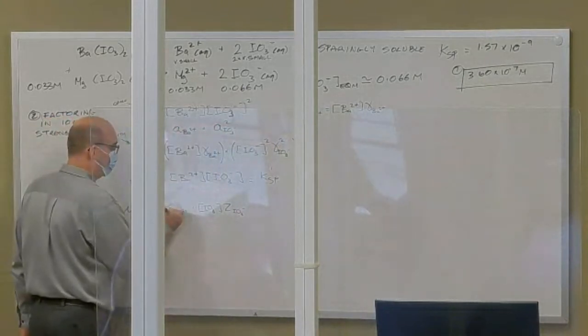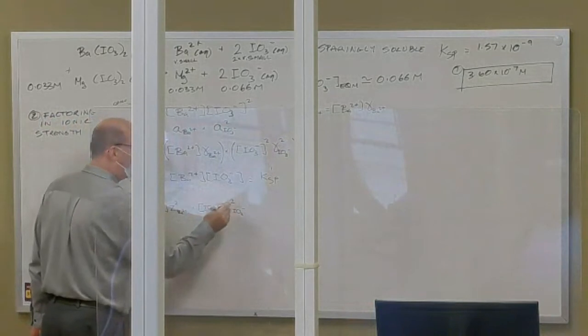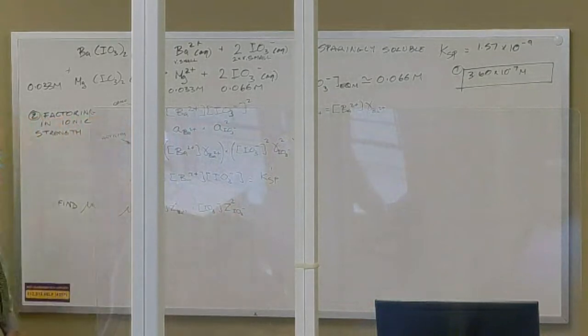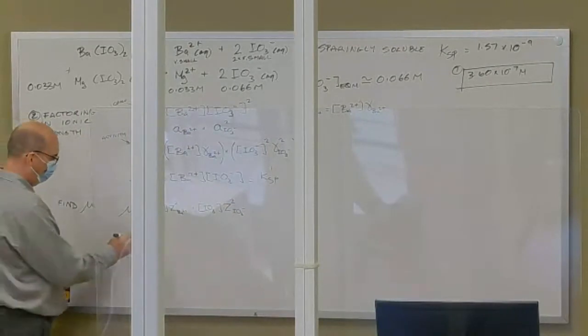The Z term is the charge, and it gets squared. Don't believe it just because it's on the board.